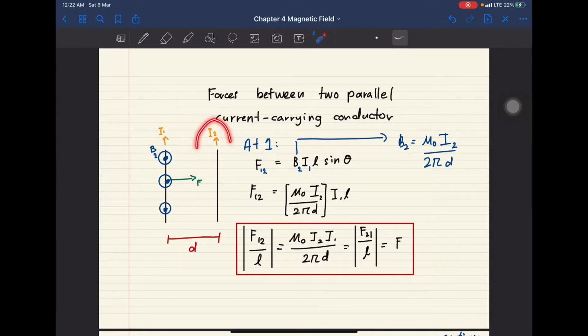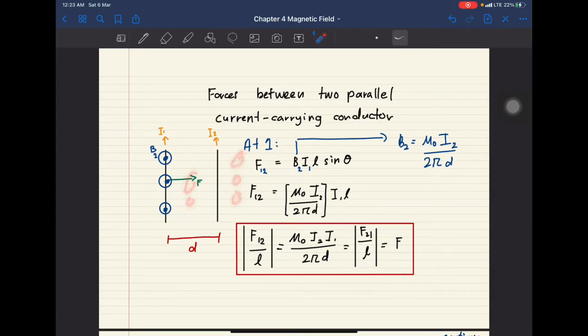So my I2, I have a current flowing in the upwards direction. This direction of current will produce a magnetic field, and if you still remember, you have magnetic field on this side and on this side as well.